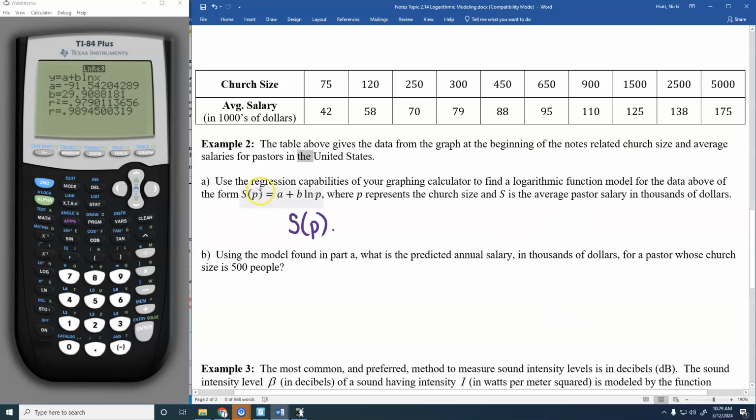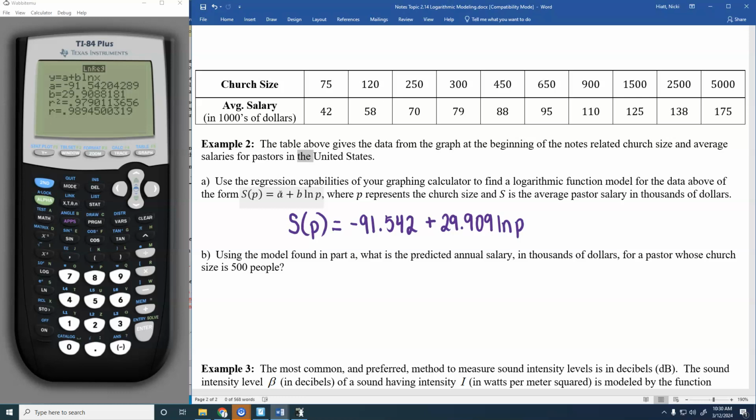So like S of P equals, and then we found the A and the B. So we got negative 91.542 plus B is 29.909 if we round to 3 places. And then we got natural log of P for that. Everybody good here?